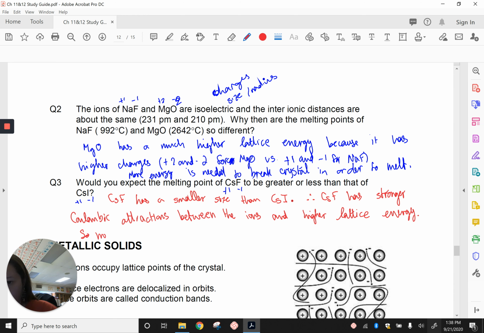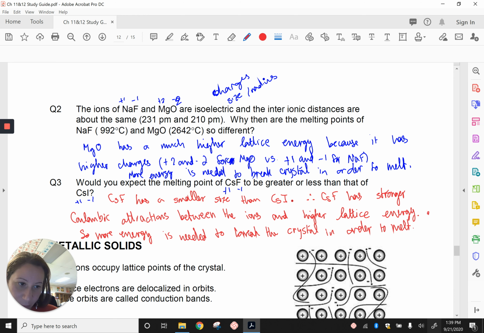So more energy is needed to break the crystal in order to melt. Don't forget to actually answer the question. So therefore, CsF has a higher melting point.